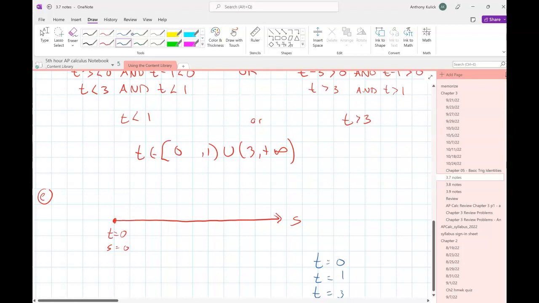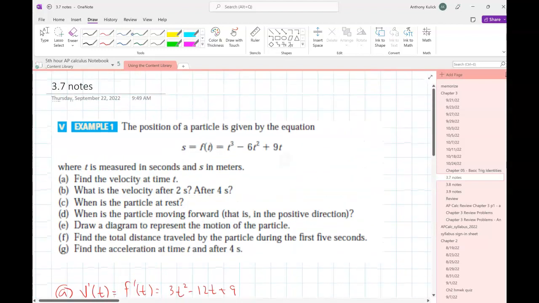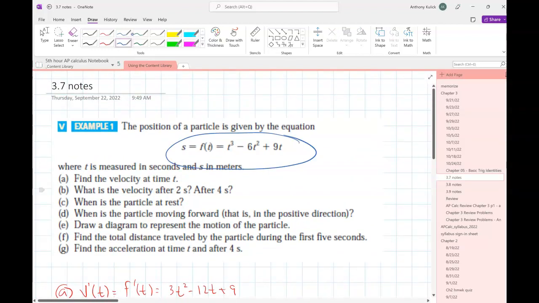Because that's where we know the particle is changing from moving forward to backwards, right? So if I go back and plug in those times into my original, I can figure out the position of the particle at those times.